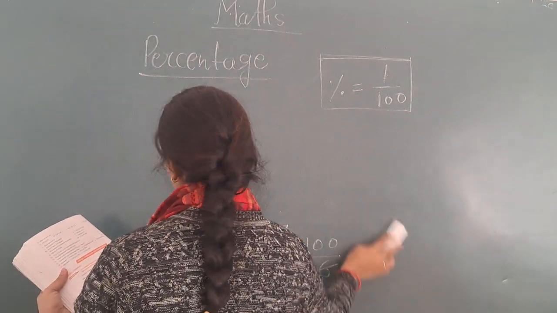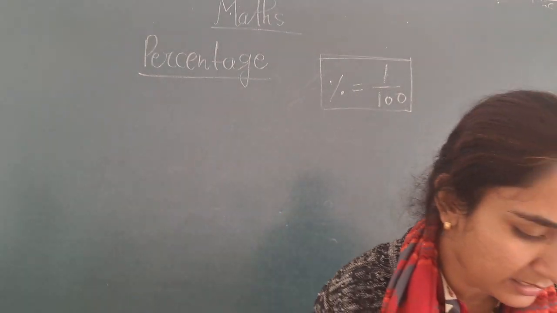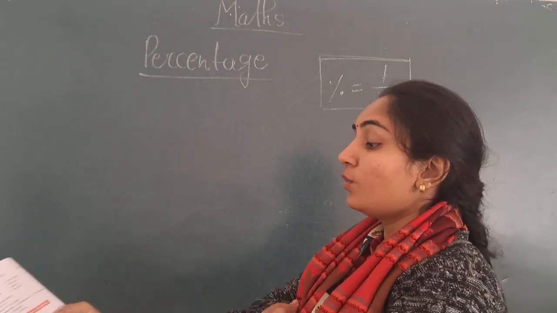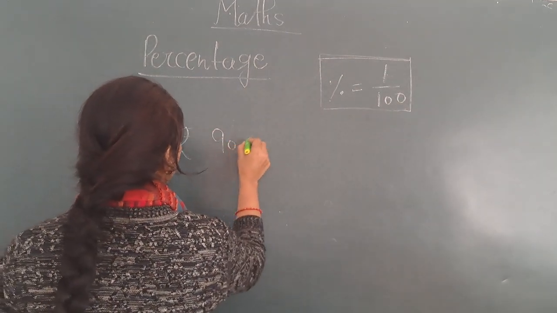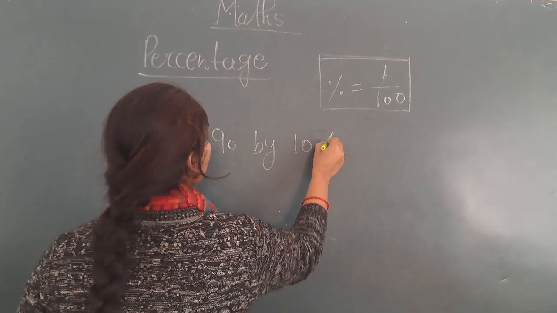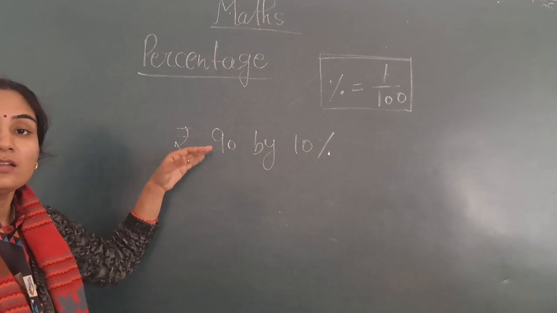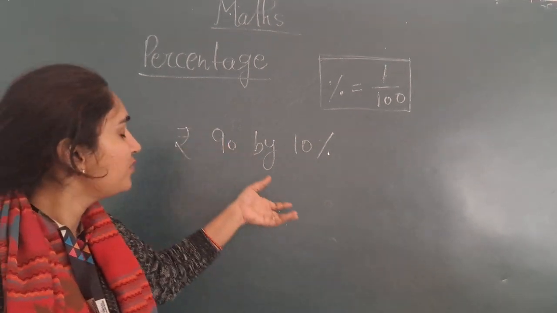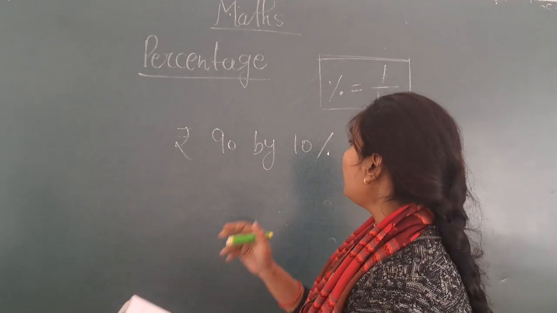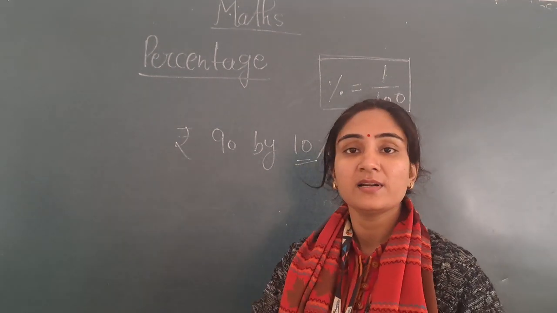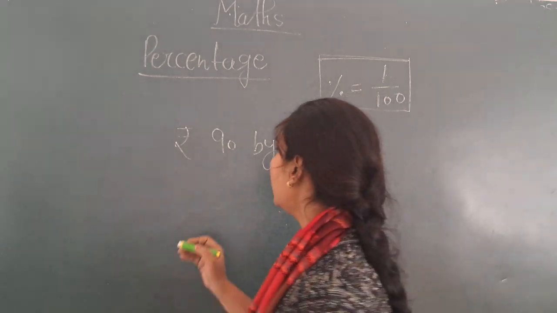If we have to find an increase or decrease in percentage, say we increase rupees 90 by 10%. You know that every number or object has a full percentage value of 100%, and if we increase it by 10%, it will be 100 plus 10, 110.